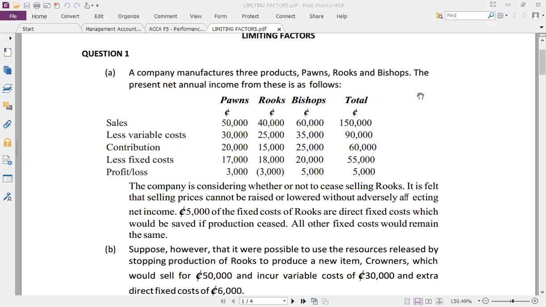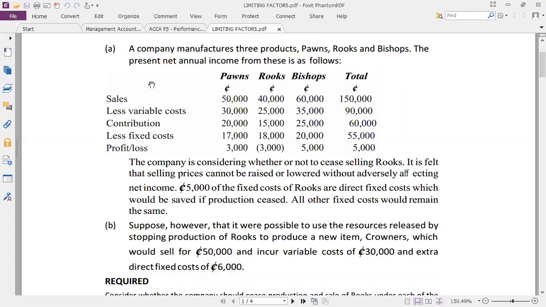Okay, so let's look at this. A company manufactures 3 products: pounds, rooks, and bishops. The present net annual income is as follows. All of them have sales, less variable cost, contribution, less fixed cost, and you get profit or loss.